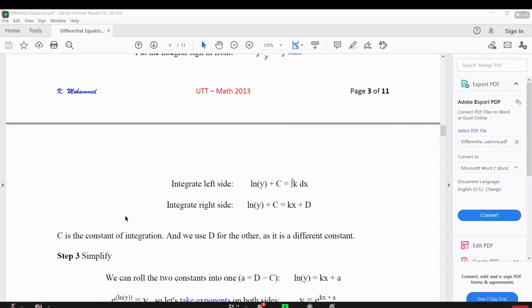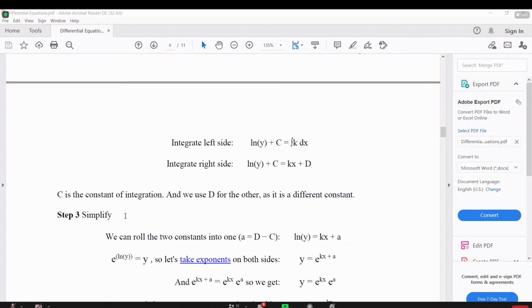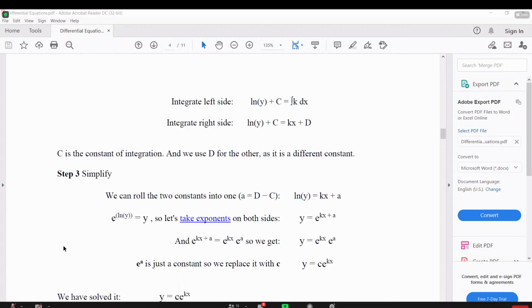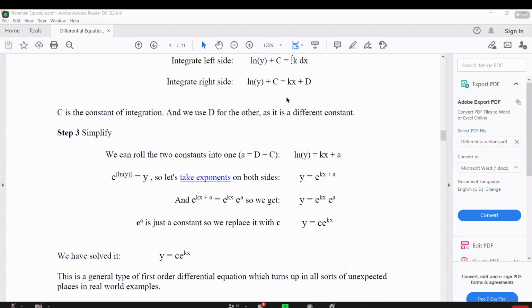So it's up to you to revise them. We did a number of examples to get you familiar. In some of these, you will see that they go a step further than where we stopped. For example, they have ln y is equal to kx plus a in one of these solutions, and they simplified it by taking e and so on.